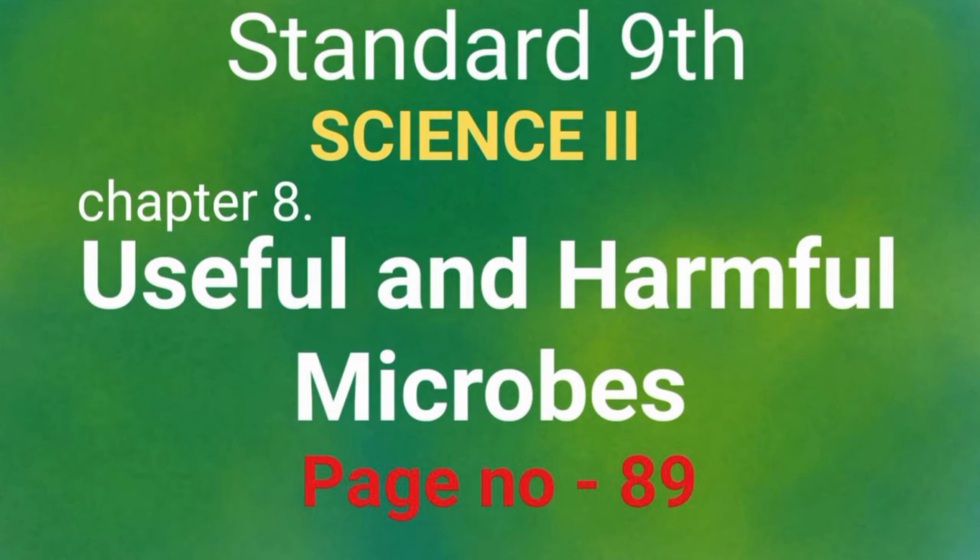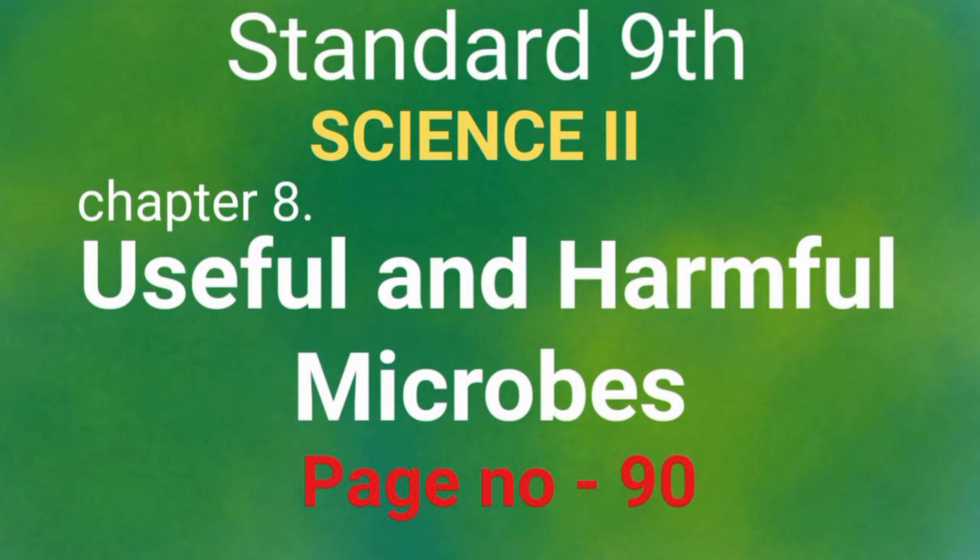Rhizobia produce nitrogenous compounds from atmospheric nitrogen. However, for this process of nitrogen fixation, they need leguminous plants like beans, sweet pea, soya bean, etc. as host. Beans and pulses are rich in proteins due to the nitrogenous compounds made available by Rhizobia.